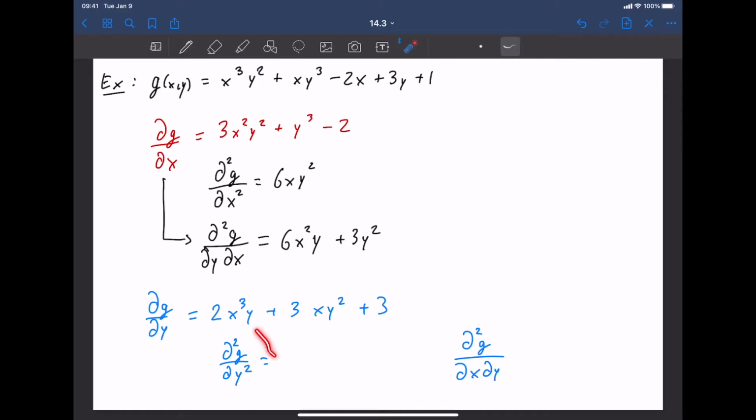Try this one first. Just take this with respect to y again. We're slapping another y derivative on it. 3, 2, 1. Did you get 2x cubed plus 6xy? Because that's correct.